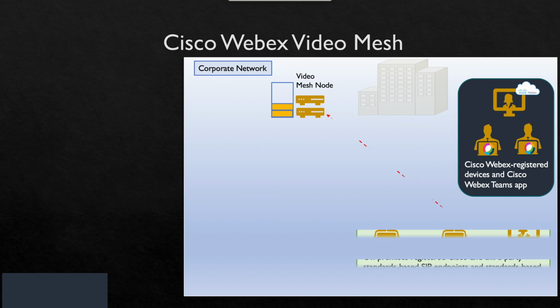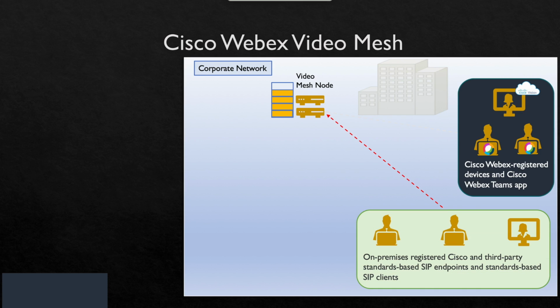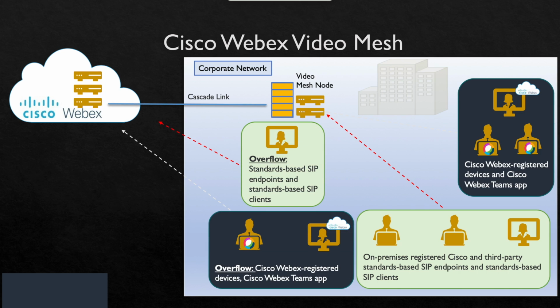Also, endpoints that are registered on premise to a CUCM will call into the Video Mesh node, provided resources are available. Now, any of these types of devices, when they attempt to call into a Video Mesh node that is out of resources, will be redirected out to the cloud, but a cascade link will automatically be created back to the Video Mesh node so that they are still part of the same meeting and can see and hear the other participants connected to the Video Mesh node.